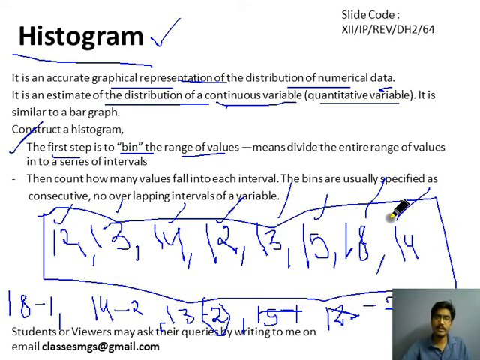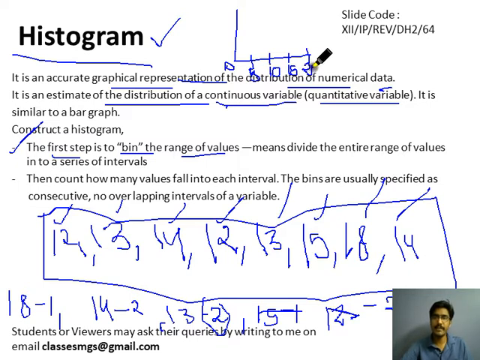So we will create the histogram in such a way that we define some ranges. Let's suppose 0 to 10. The students who have age 0 to 5 will come in this, then 5 to 10, then 15, then 20, like this.